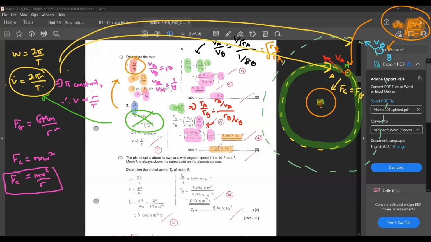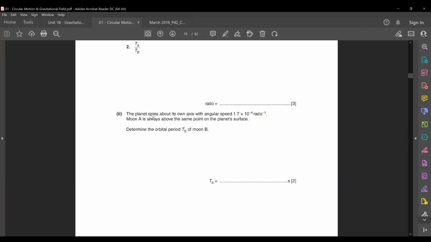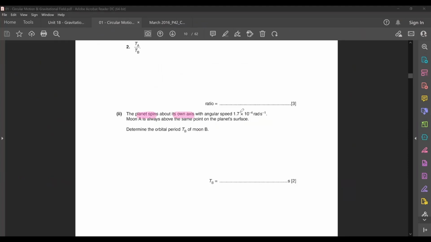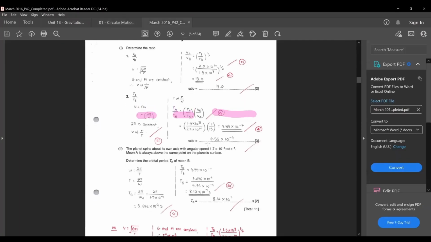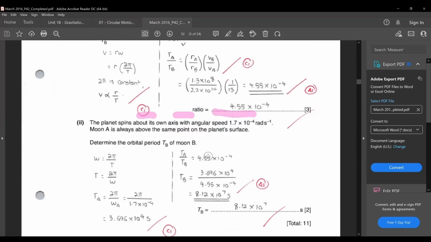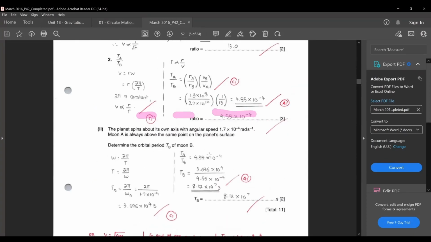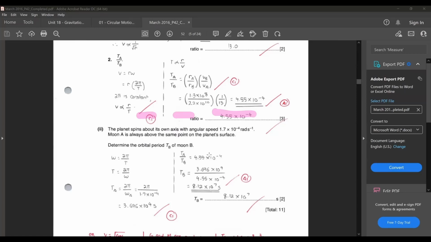Now, the last part here has something to do with your stationary satellites. The planet spins about its own axis with an angular speed of 1.7 times 10 power minus 4 radians per second. Okay. Moon A is always above the same point on the planet's surface. Wait, let me just erase some of this unnecessary stuff. Okay. Then they specifically told you that Moon A is always above the same point on the planet's surface.